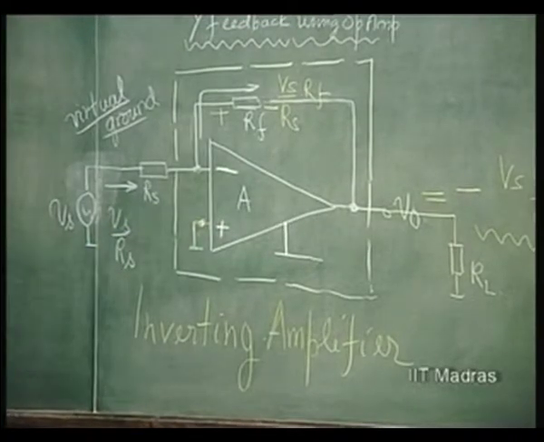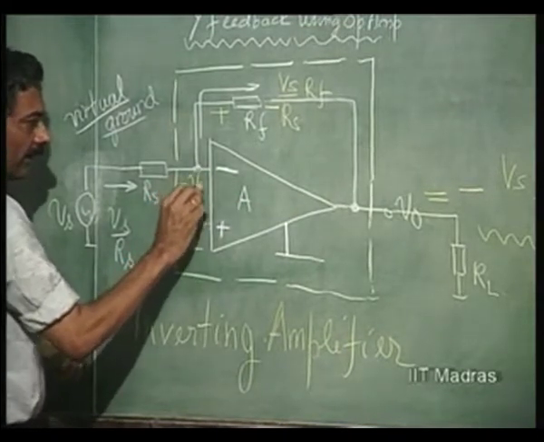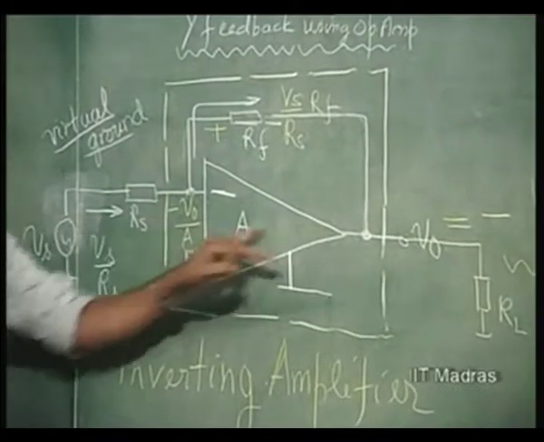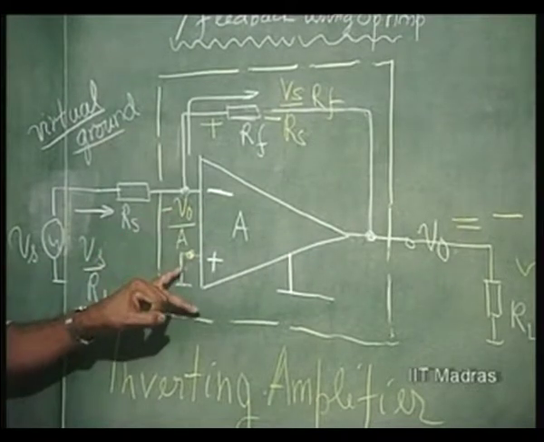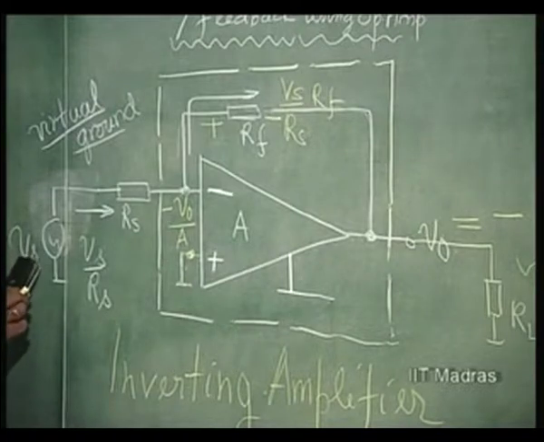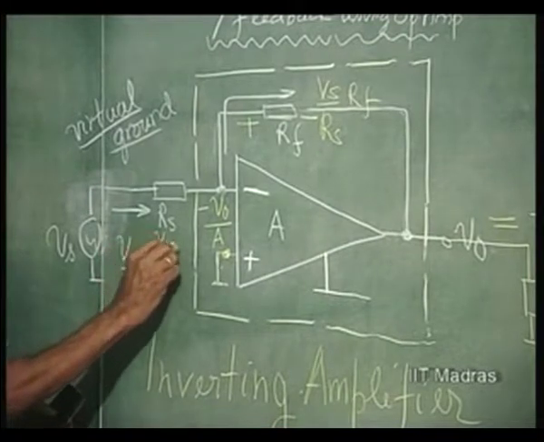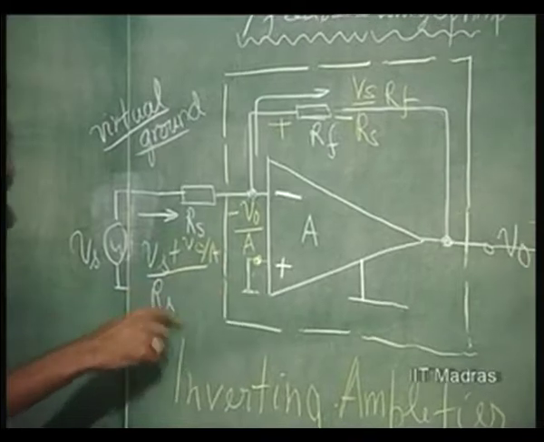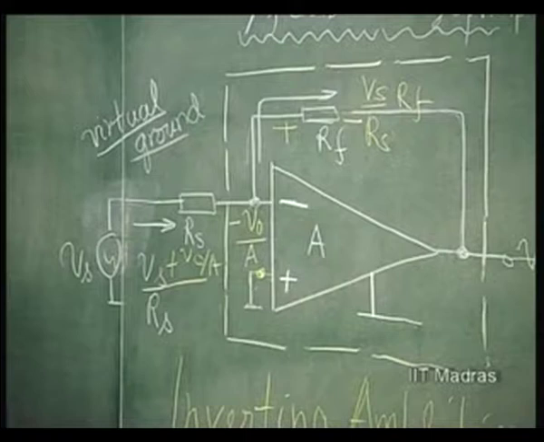We therefore will modify this. If A is not infinity, this potential is minus V naught divided by A. It is not 0, because this is V naught, and this is minus A. So, this potential is minus V naught by A, and therefore, this current is not Vs by Rs, but it is Vs minus V naught by A, that is Vs plus V naught by A by Rs, and it is this current that will be going into the Rf.